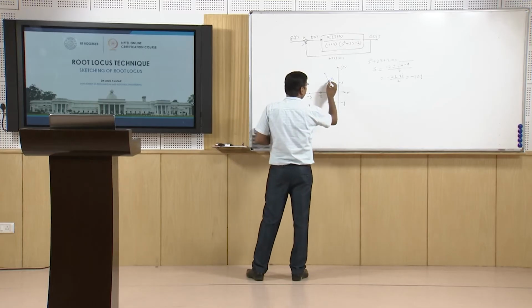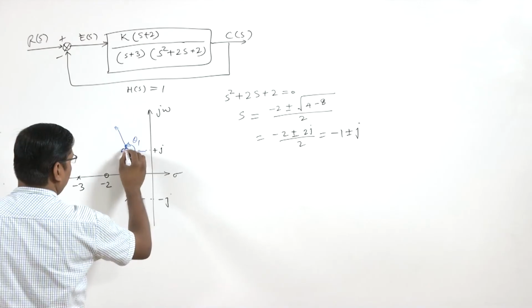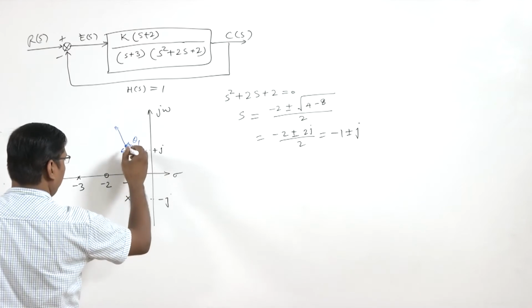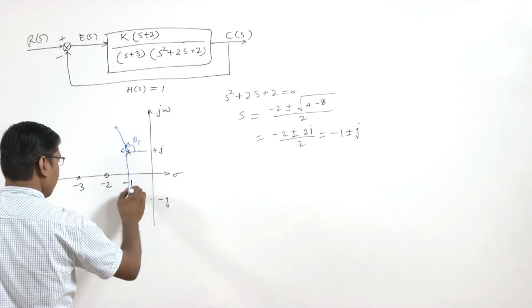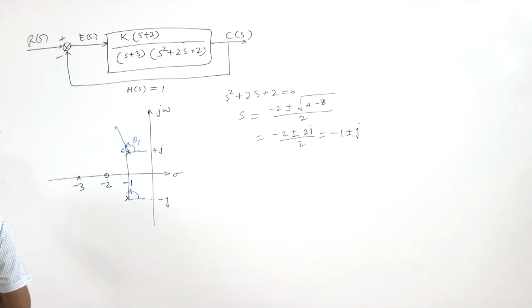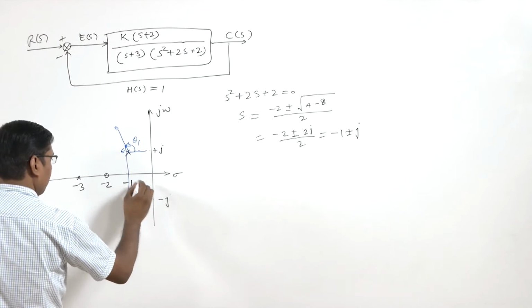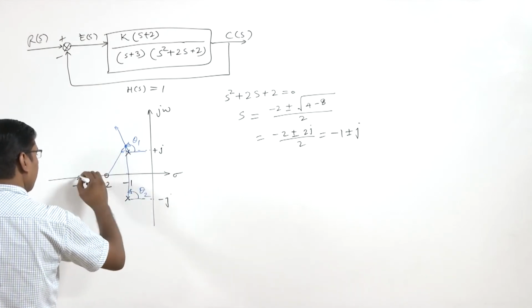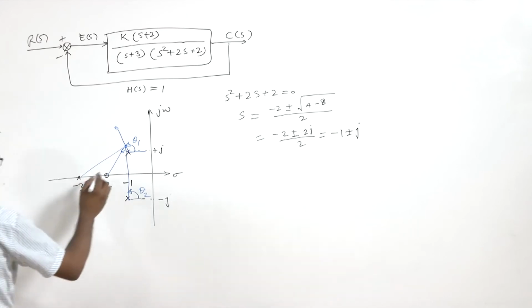We take some point here at epsilon distance, and from the other poles and zero we get theta 2, theta 3 and theta 4.